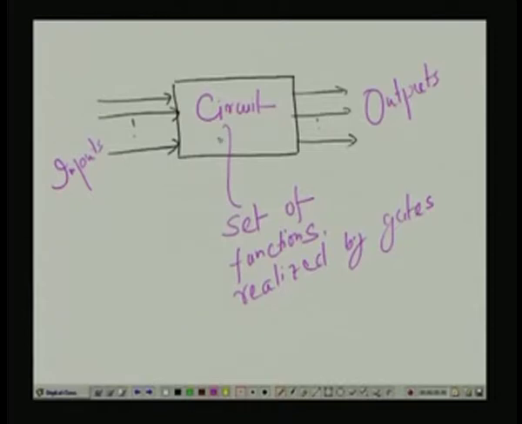Now, here the combinational circuit means the output behavior, the outputs depend only on the inputs. This set of outputs depends on the set of inputs.